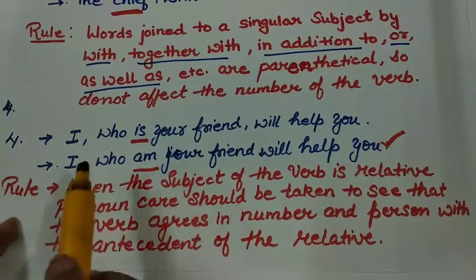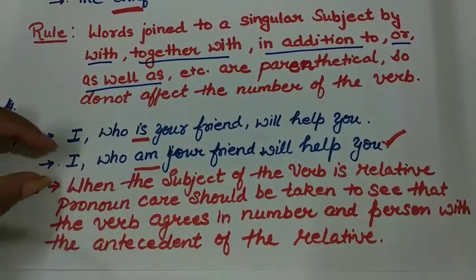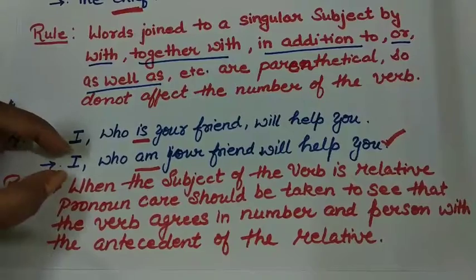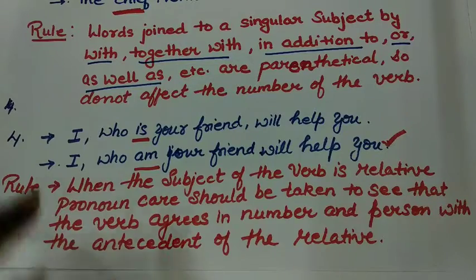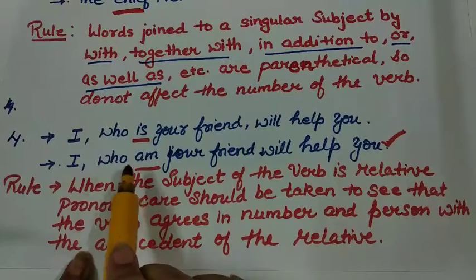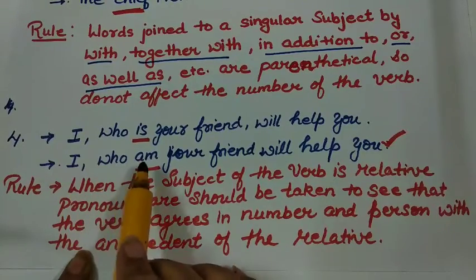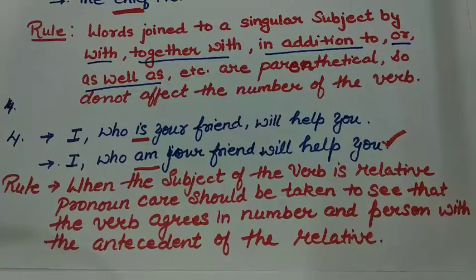Means, see, who is a relative pronoun, and here I have used I. I is singular. So I have to keep in mind that I have to use a verb according to this I. So here I am. Okay. I who am your friend will help you will be the correct sentence.